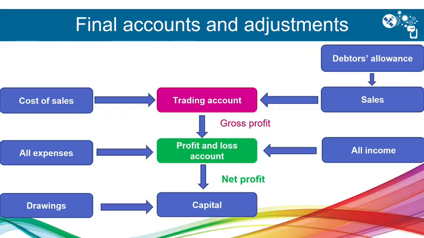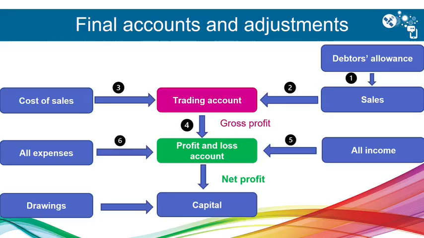So there are 8 closing transfers. First one, debtors allowance to sales, sales to trading account, cost of sales to trading account. Then we calculate the gross profit and transfer it to profit and loss, number 4. Number 5, all the income. Number 6, all the expenses.